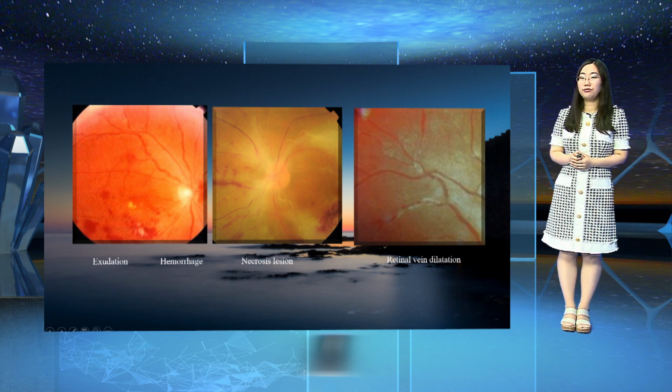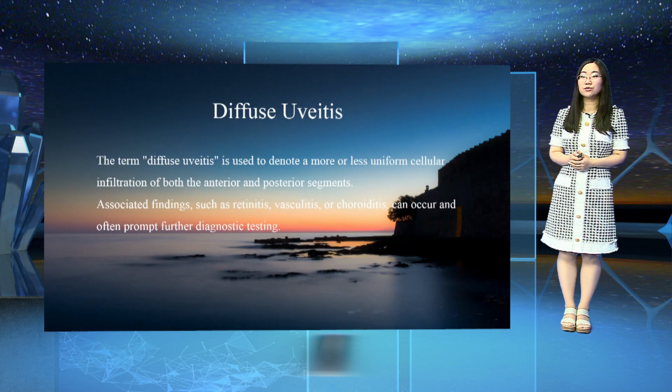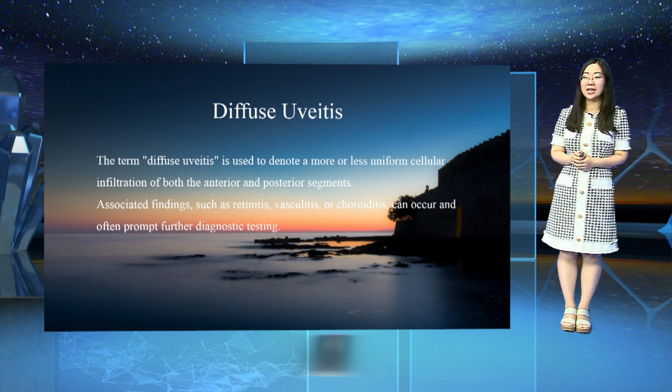The term diffuse uveitis is used to denote a more or less uniform cellular infiltration of both the anterior and posterior segments, which is called endophthalmitis. Associated findings such as retinitis, vasculitis, or choroiditis can occur and often prompt further diagnostic testing.